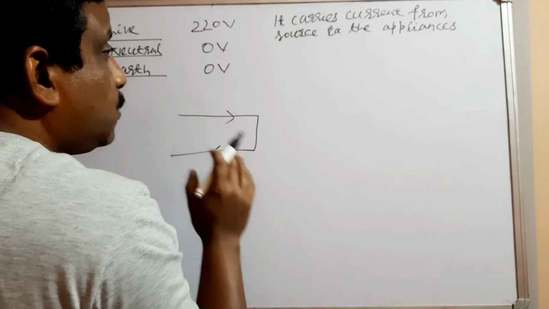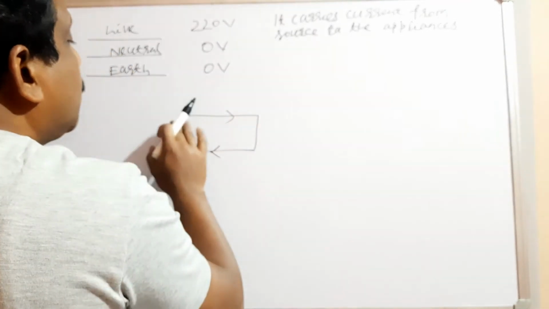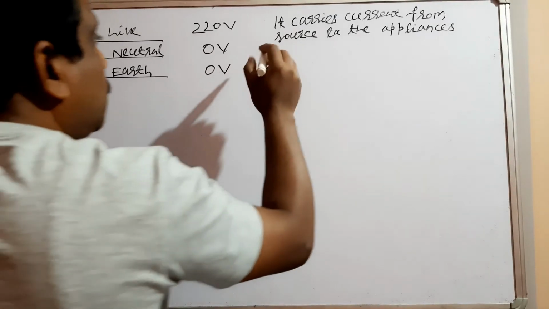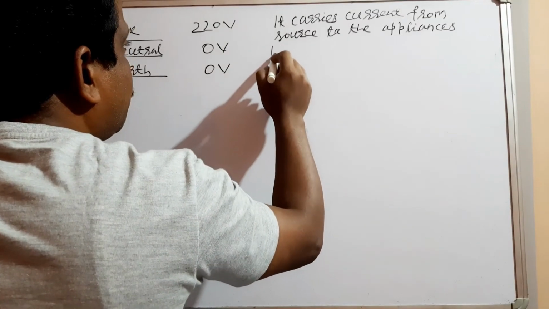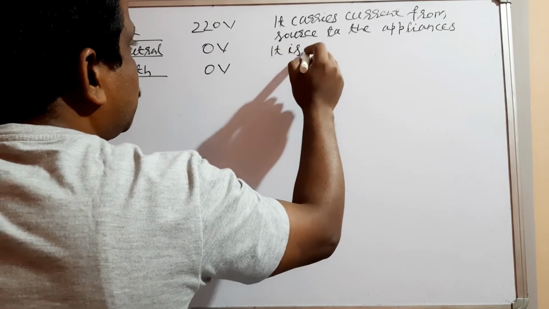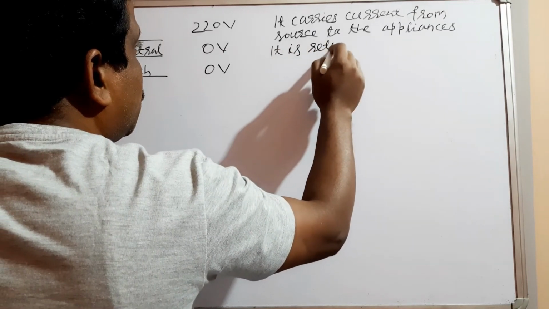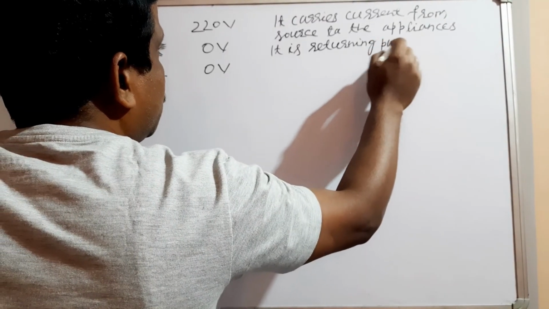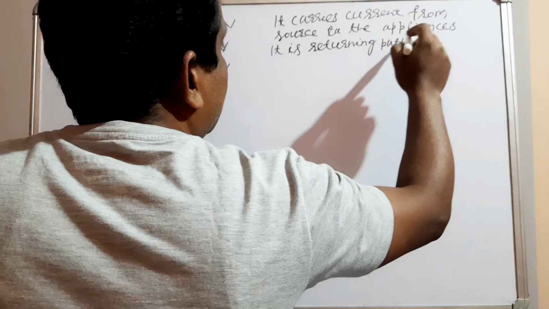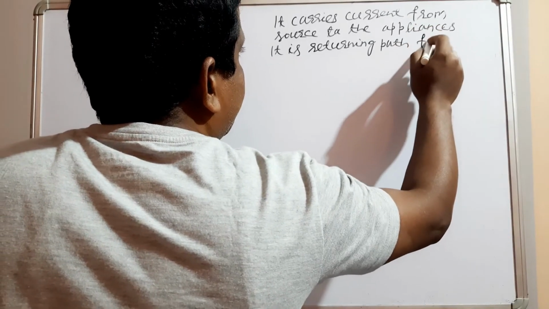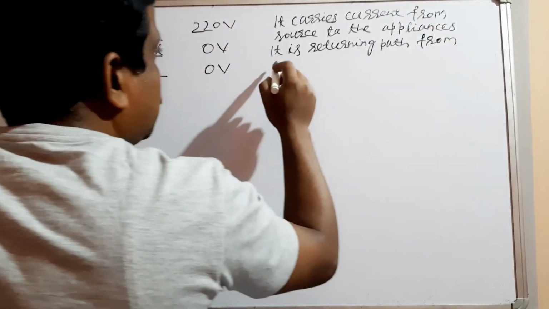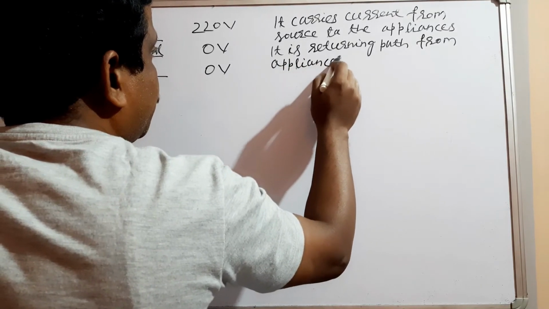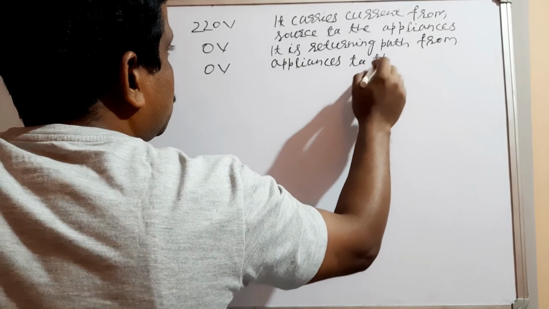If the circuit does not complete, current will not flow. So here the neutral wire is the returning path. So we can write it is the returning path from the appliances to the source.